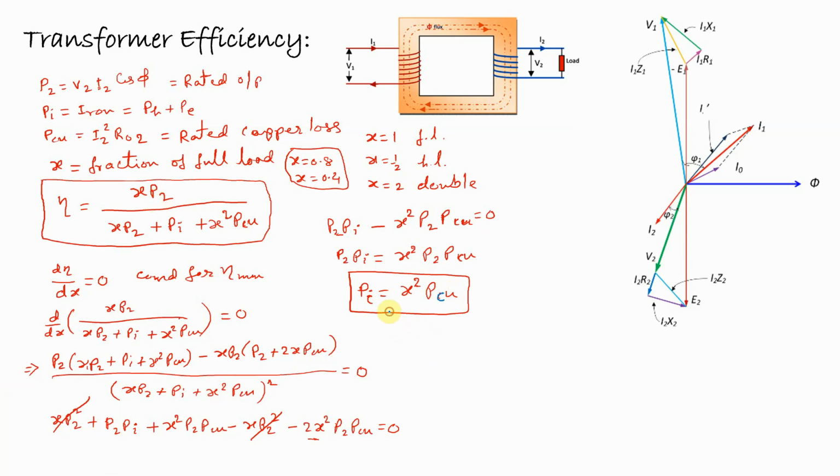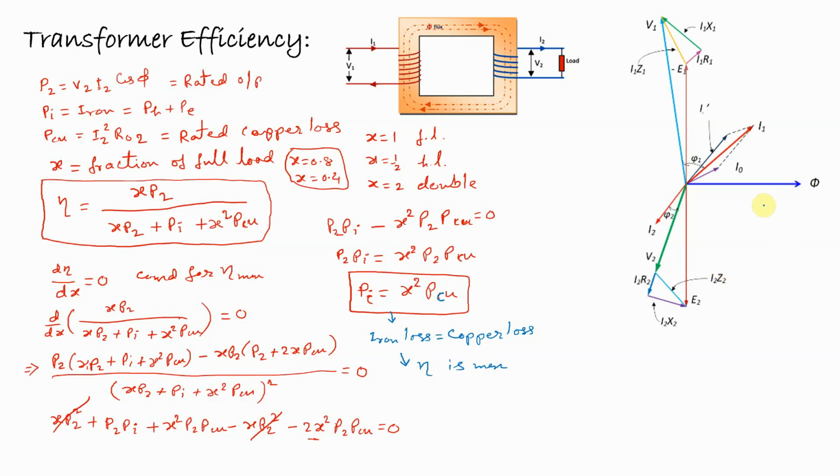So this statement can be written as, when the iron loss is equal to the copper loss, the efficiency will be maximum. That means when the iron loss is equal to the copper loss, the efficiency will be maximum.